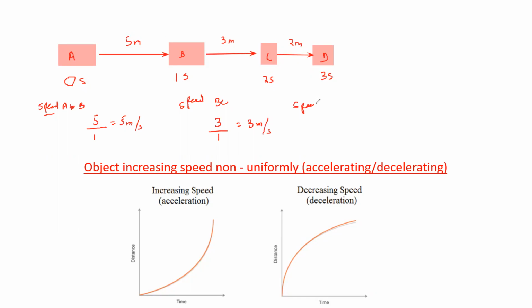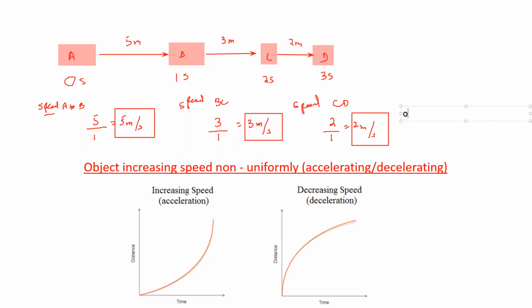And for the speed of an object from C to D, the distance traveled is 2 and the time interval is 1. So it is 2 meters per second. Whenever the speed of an object is decreasing, we use the term deceleration, or we can say this object is decelerating, because deceleration means speed is decreasing.